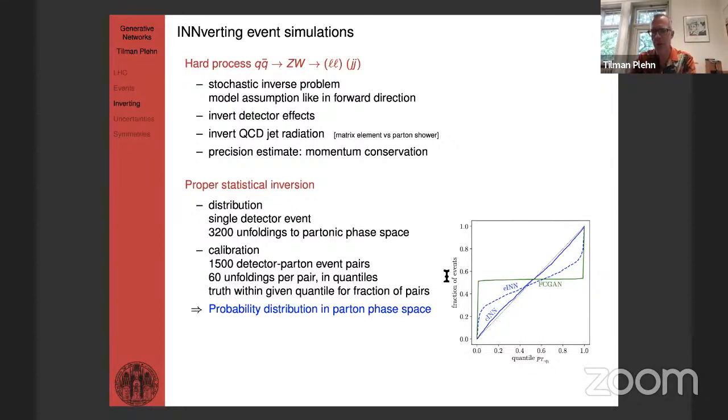This is what's shown here in the curve. The quantile of PT of the Q1 is where it is in the distribution, and the fraction of events is how often it appears there. That should be a diagonal. It should be right straight up, and it does. So what we have here is a perfectly fine, automatically calibrated probability distribution in parton level phase space.